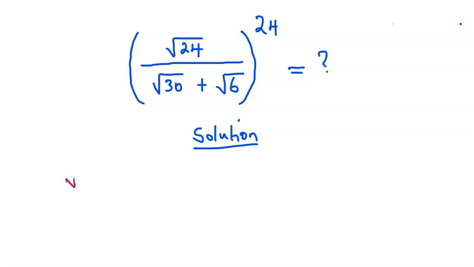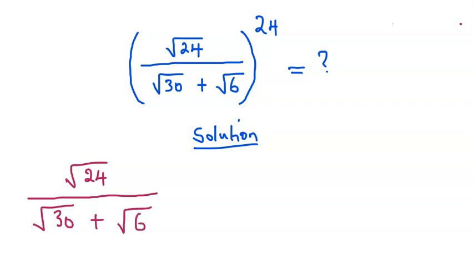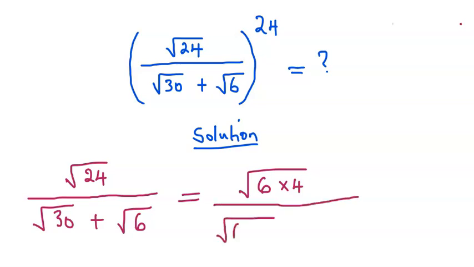So we have here the square root of 24, divided by the square root of 30 plus the square root of 6. Up here we know that the square root of 24 is the same as the square root of 6 multiplied by 4, divided by, down here, the square root of 6 multiplied by 5, plus the square root of 6.